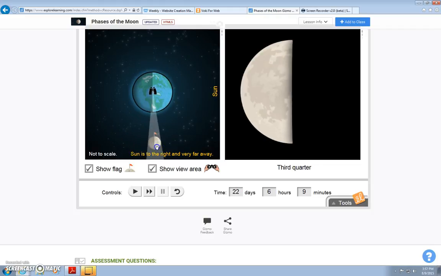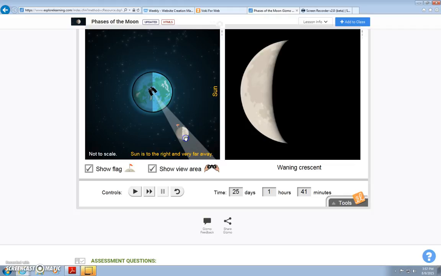I orbit it a little bit more, and I see, oh, we're kind of towards the end of our moon cycle phase, and it continues to wane, which I can infer means get smaller, and we're at 25 days. Let me continue to orbit my moon.